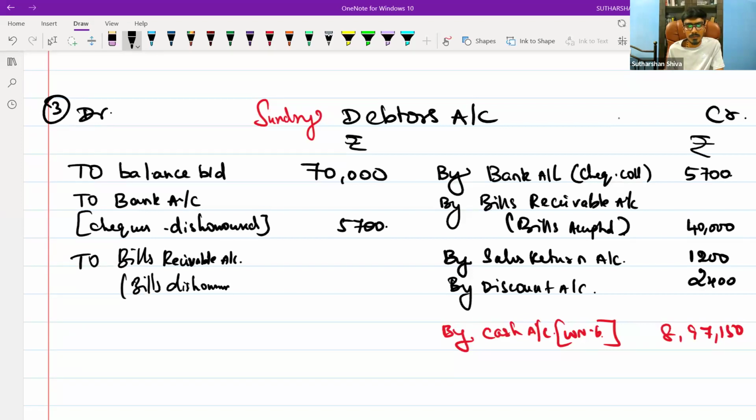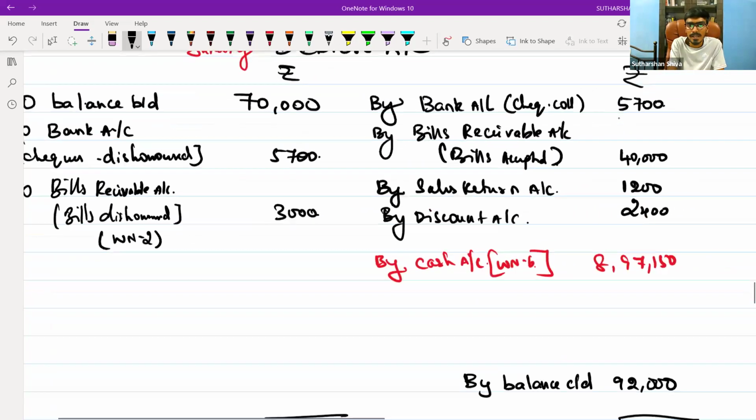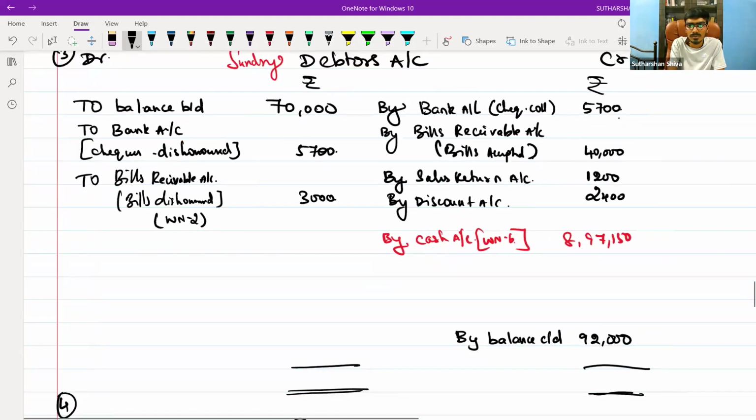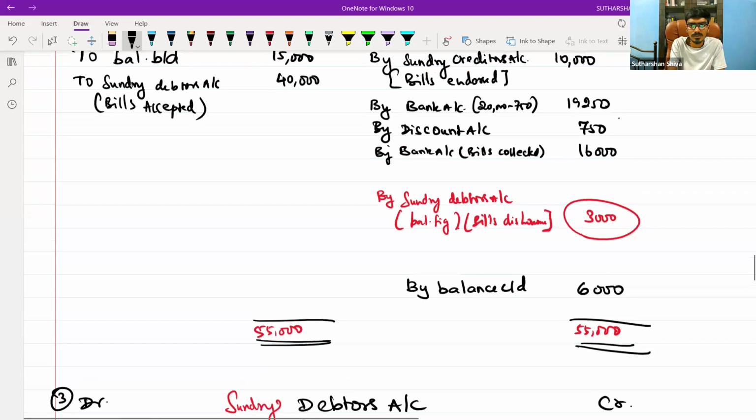If I want to check where I get the value, you can write down the reference working note number. What is the working note number? 2. What is the value over there? 3,000. Now I can close my sundry debtors account.